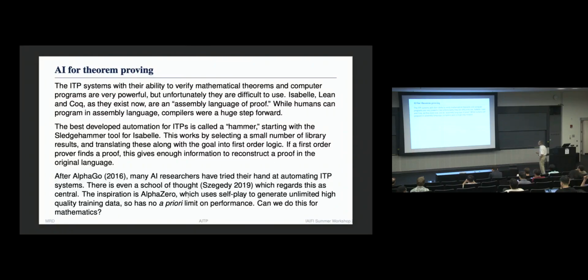Okay, so as I said, the real reason to get interested in this now is that this is very rapidly advancing. This started to be of interest to AI researchers really with AlphaGo. And then there's one style of argument that says that language models, all of the very successful deep learning, is statistical.